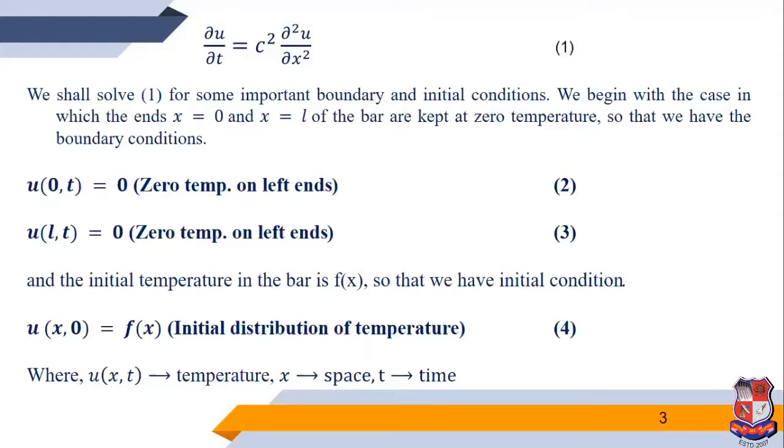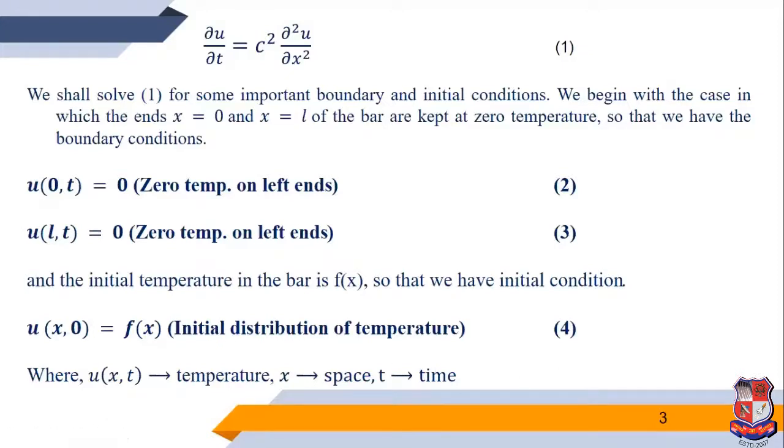And we consider the value is f(x). So only one initial condition: when t equal to 0, the temperature u(x,0) is f(x). u(x,0) is the initial distribution of temperature.